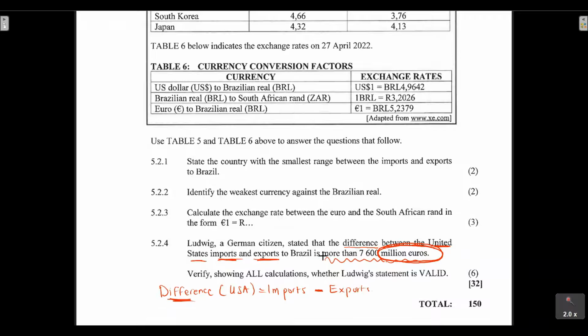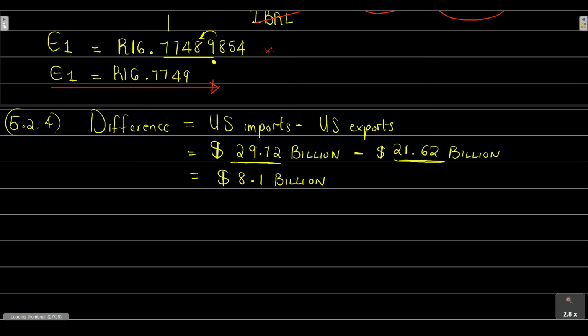He said that the difference between the United States imports and exports to Brazil is more than 7,600 million euros. But we have our answer in dollars. So the first thing we want to do now is convert these dollars into euros.